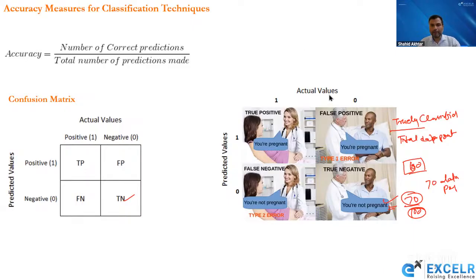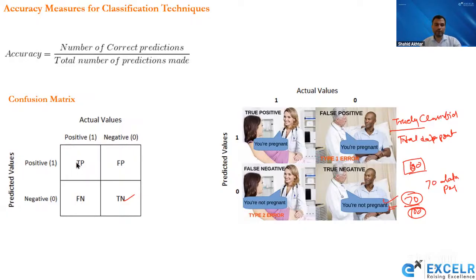So actually, this lady is pregnant. We have two data points here, one male and one female, and this lady is actually pregnant. If she is actually pregnant and the predicted value is also pregnant, the actual value and predicted value are both the same, so you can say this is a true positive.